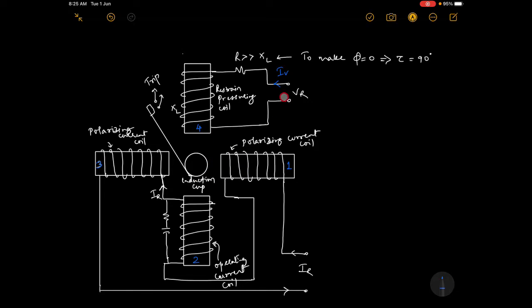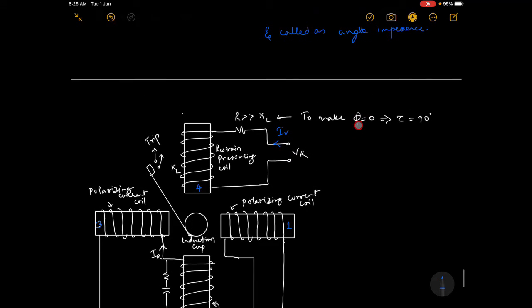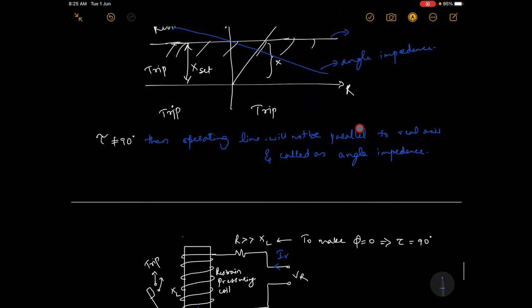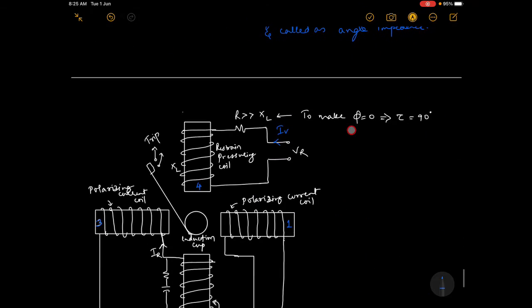And if you want to have phi equal to 0, that means tau is equal to 90. When will you have this kind of angle? Phi is equal to 90 means this is voltage, this is current, so there is no angle between these two.